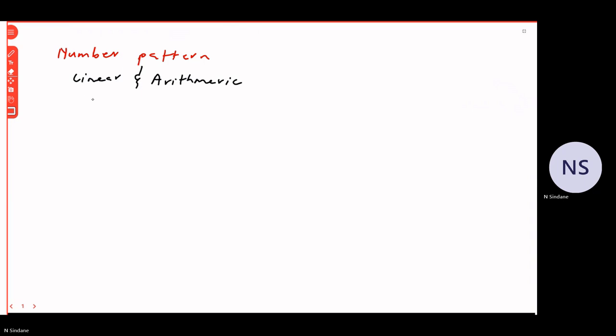The formula for this is Tn = a + (n - 1)d, where Tn represents the what? Tn represents a term in a sequence. For example, you have 7, 9, 11 and 13.